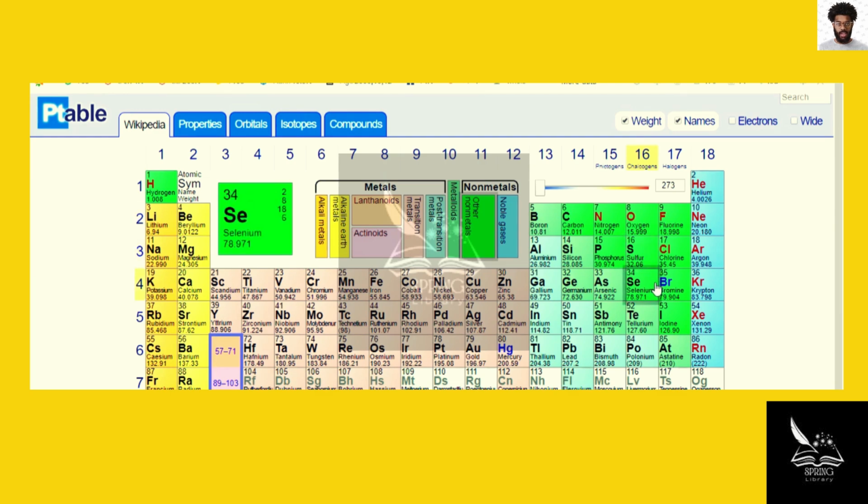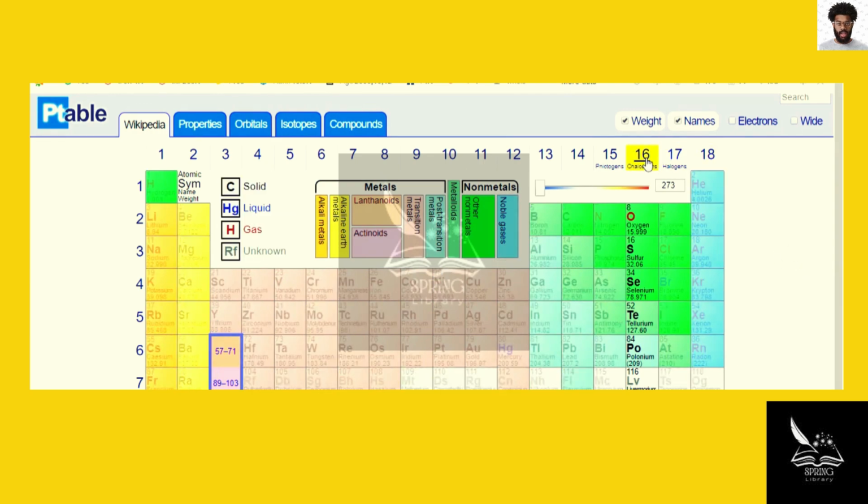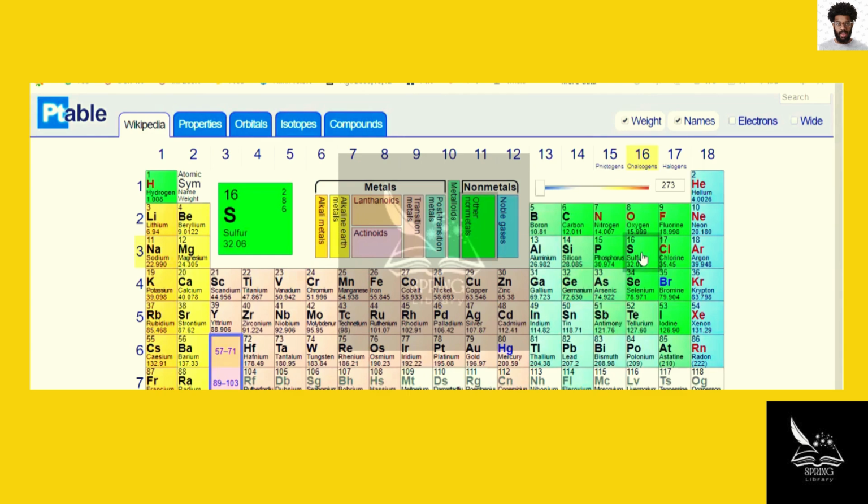So this group is called 6A in the older method, and in the modern periodic table it is named group 16. So sulfur is located in group 16 and in row 3.